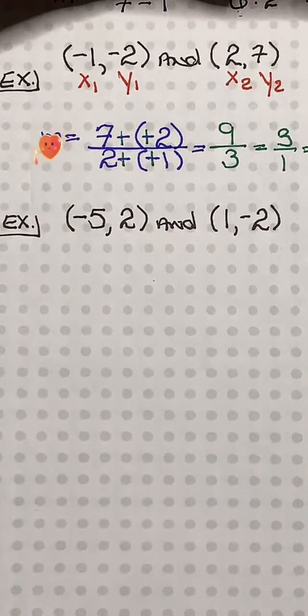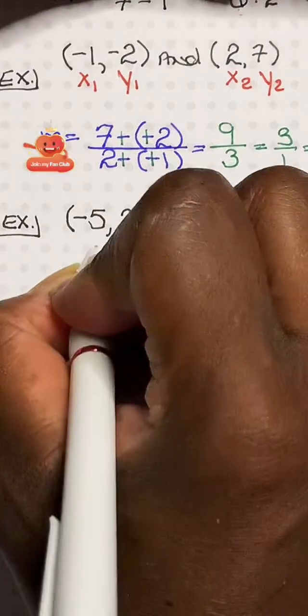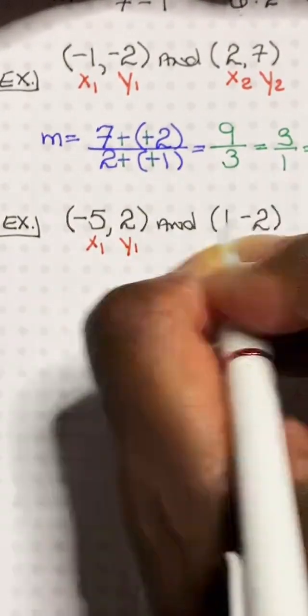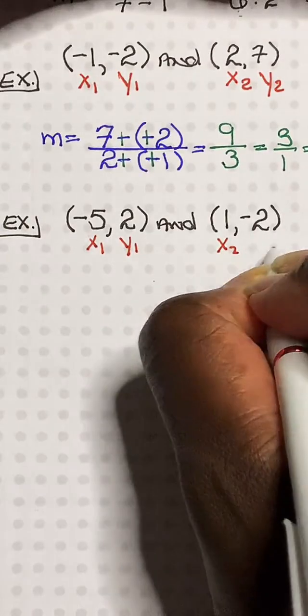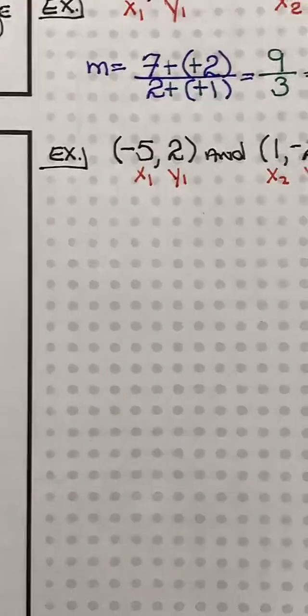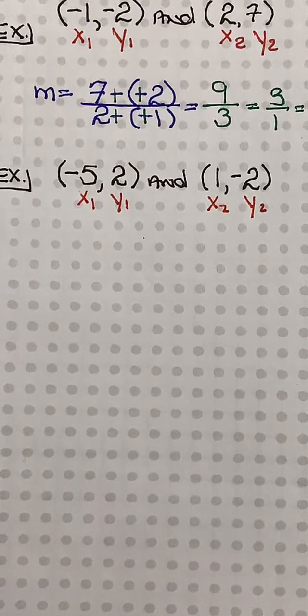So, again, this is my first point. So that's my x sub 1 and my y sub 1. This is my x sub 2 and my y sub 2. So this time I'm going to switch it around.